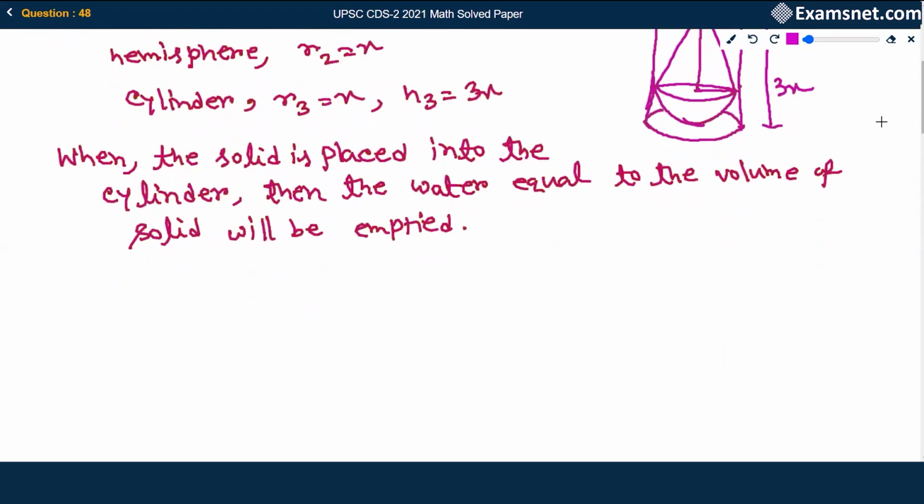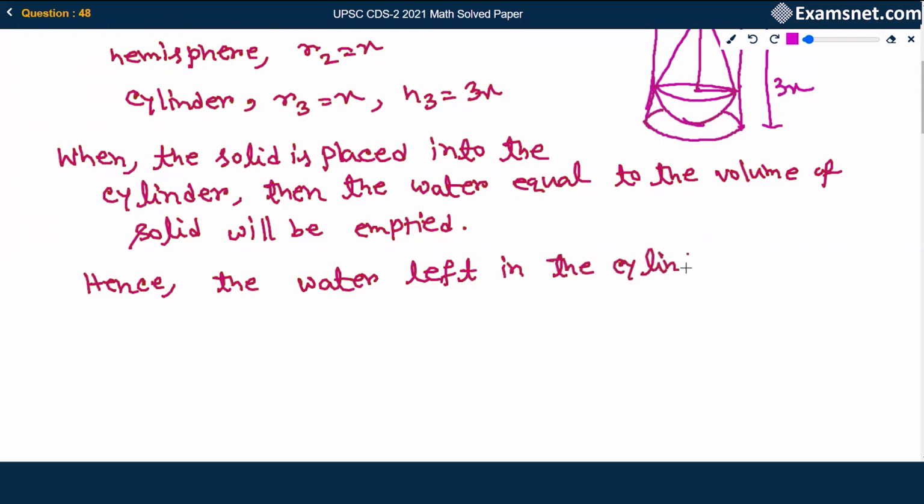Hence the water left in the cylinder is the volume of the cylinder minus the volume of the solid.